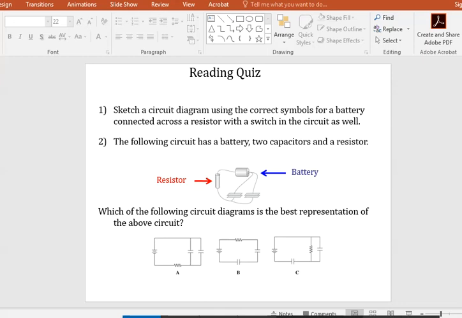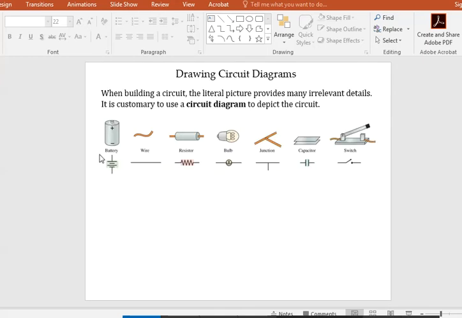Okay, so we're back. We'll return to this one in just a second, but taking a look at the different kinds of circuit elements here, we'll see that we can actually show a battery this way, whereas a wire is just a straight line. A resistor is kind of the zigzag thing, and sometimes you'll see that we'll draw a light bulb as a resistor, or there's even its own symbol for a light bulb that you might sometimes see.